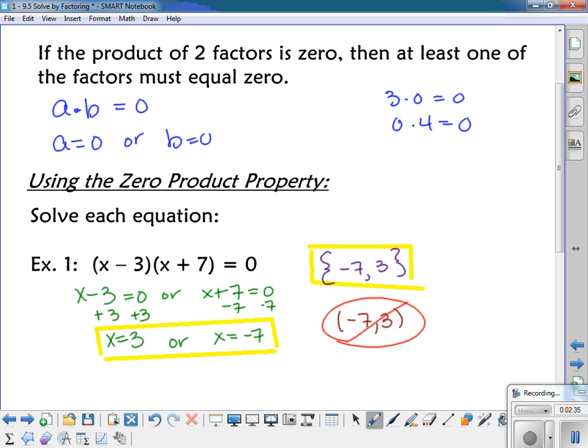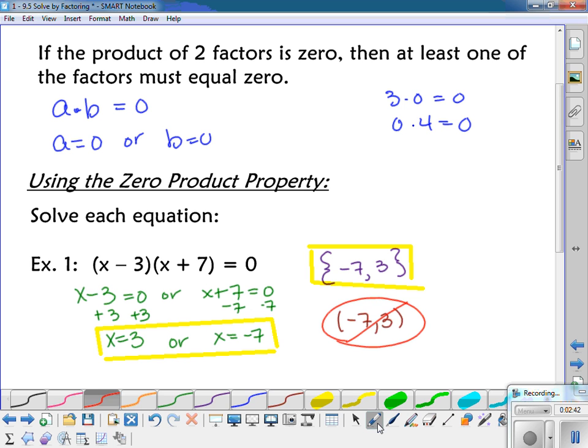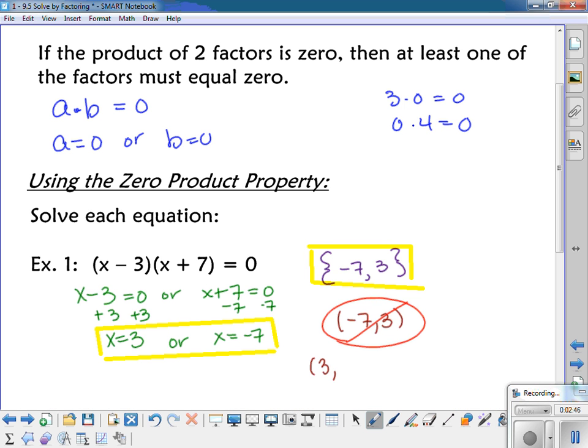That's not how you do it. What these numbers actually represent are x-intercepts. So if you really want to write ordered pairs, what you would actually write would be 3, 0 and negative 7, 0. Because what this does when you solve it is it tells you where the graph is going to cross the x-axis. Okay, so any one of those is a proper way to write it. I wouldn't worry about the ordered pairs, though. You're probably not going to write it that way. You're going to probably write it one of the first 2 ways.